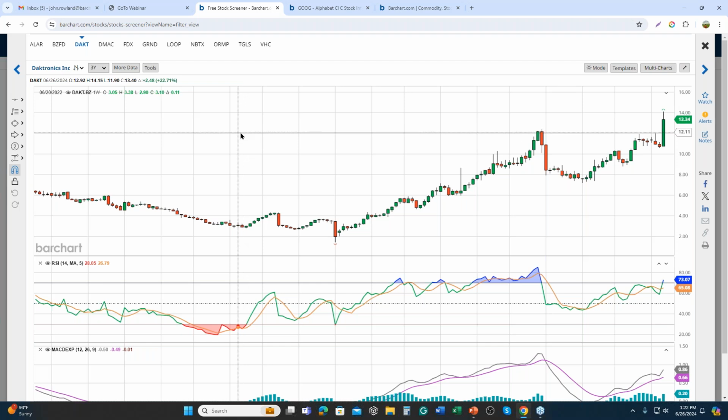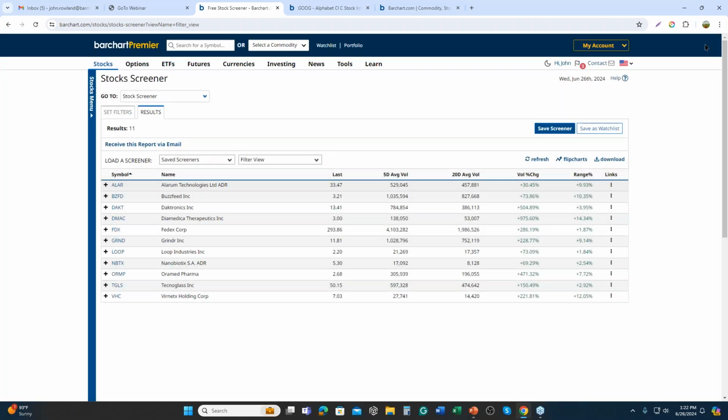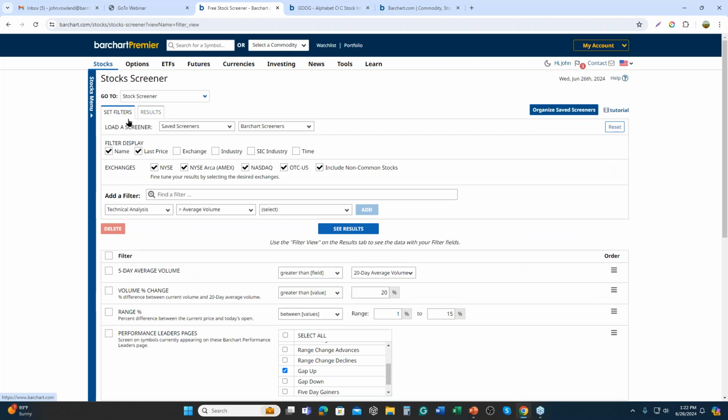You can see where not only have we gapped up, but we've made a new yearly high. And that would definitely be an important metric in my analysis. So a very simple screener on a thesis using one of our Barchart screeners.